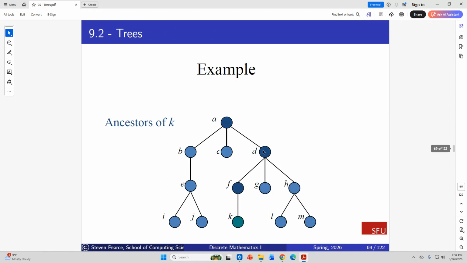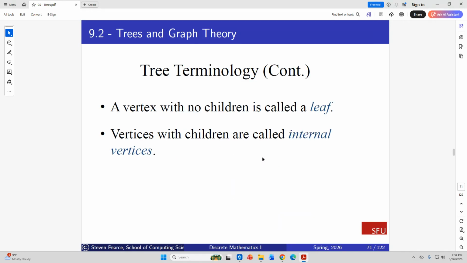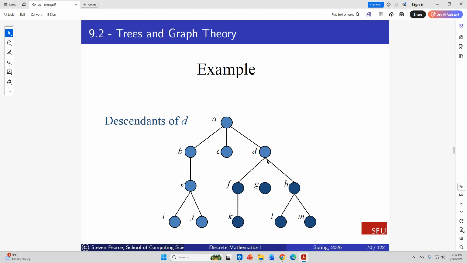The ancestors of D is A. Descendants, I was reading ancestors. Ancestors of K goes back to F. Descendants of D are these nodes here.